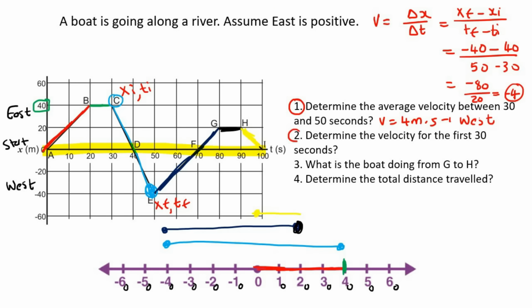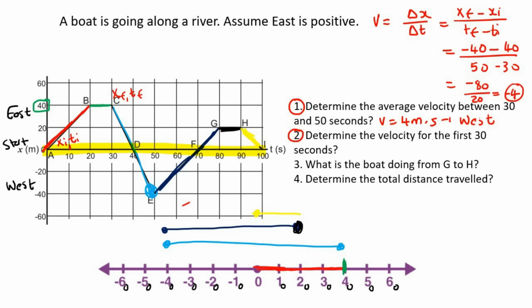This next question says, determine the velocity for the first 30 seconds. If it's the first 30 seconds, then this would be your final position and final time, and this would be initial and initial.